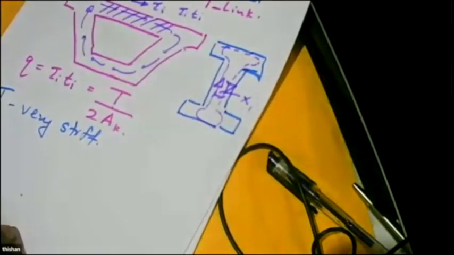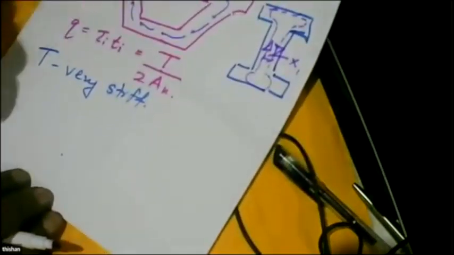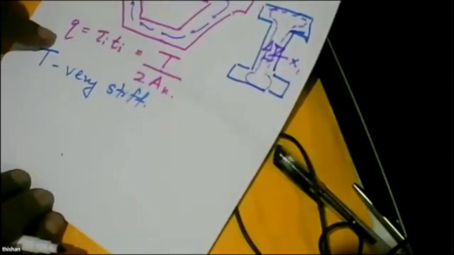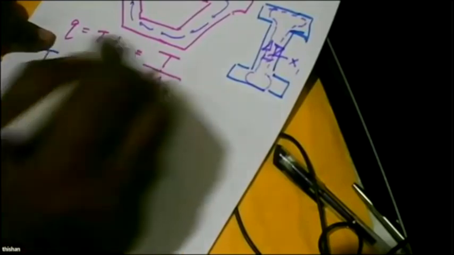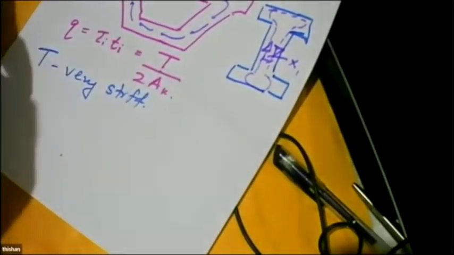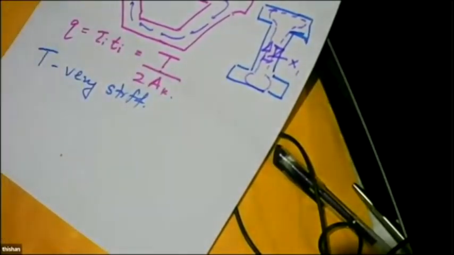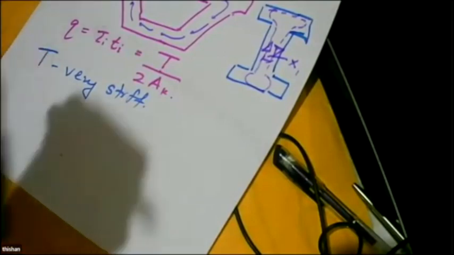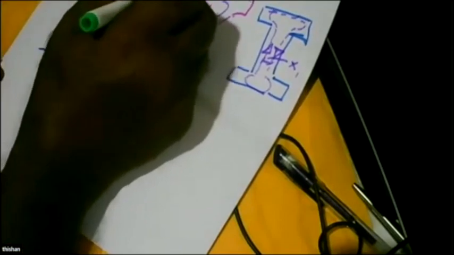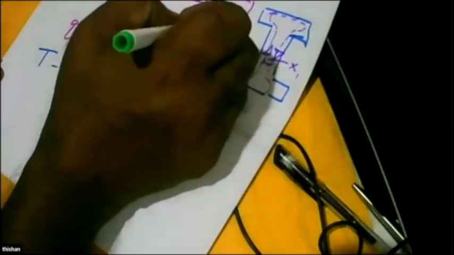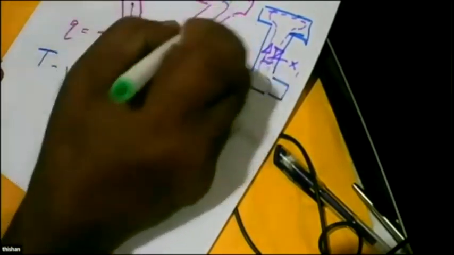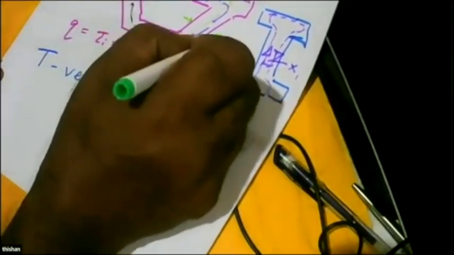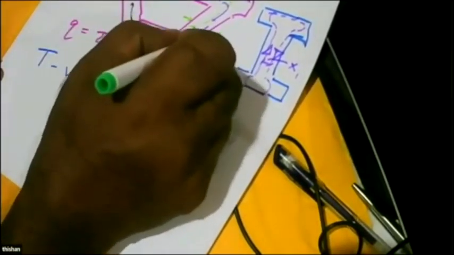And what the theory says is, this force, we call it q, is equal to torsional moment divided by this line demarcated area. What is this line? This t. What is this one? t by 2.